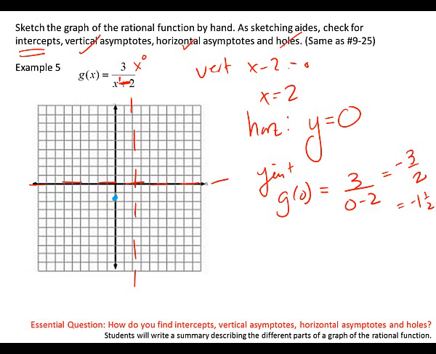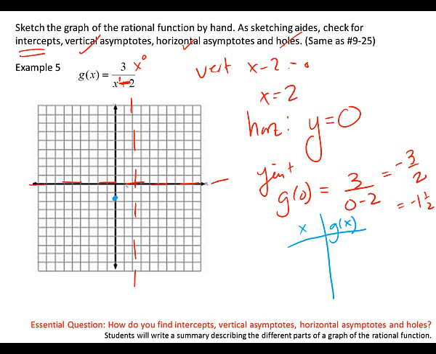The good news is I know that there's a branch down here and a branch up here. It's probably a good idea to pick some other numbers and get it a little more precise. So I'm going to do a little t-chart. I get to pick my x, and the y value comes from plugging into the function. I've already got the x value 0. I want to pick another number on the left side of my asymptote.